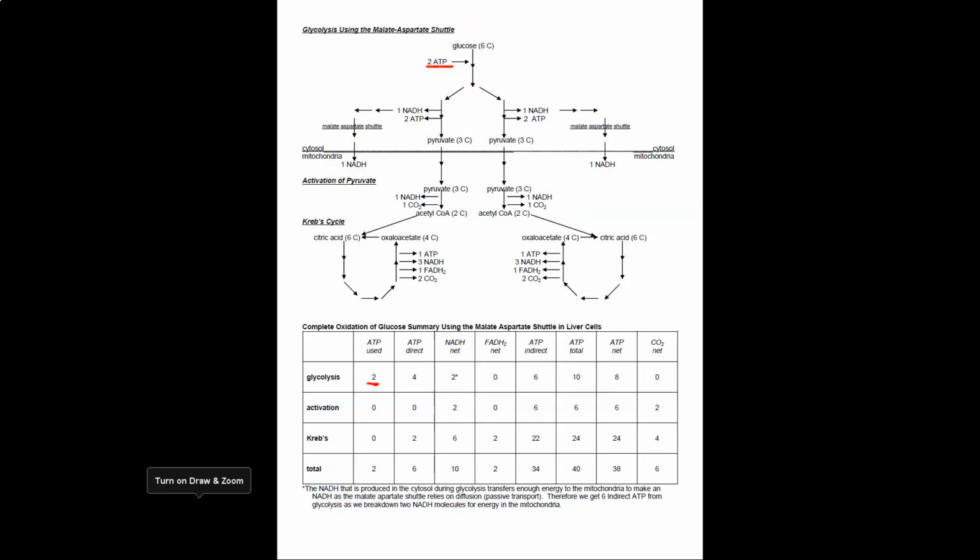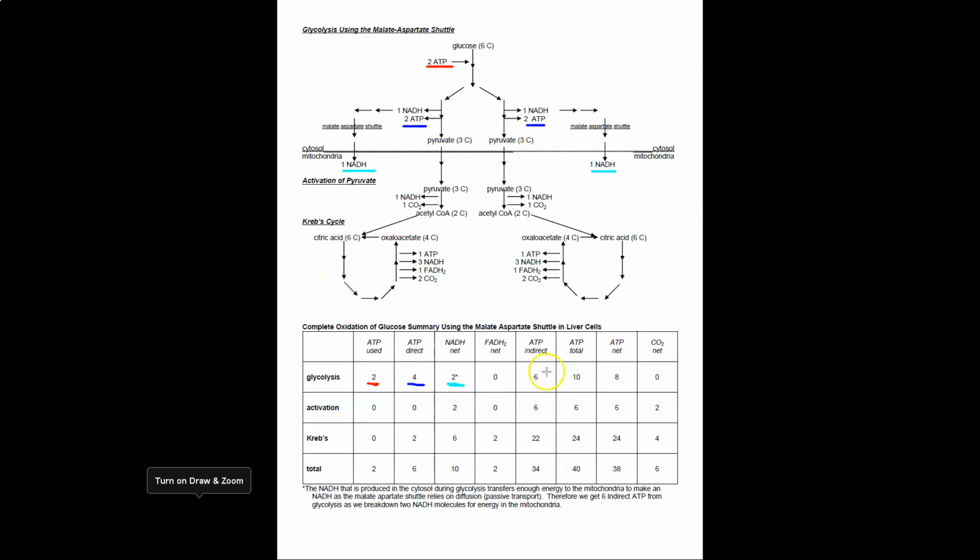So let's go ahead and just make those maybe that blue. So here's my NADH here. Here's my NADH here. So that's my NADH right here in glycolysis, right? So there's my NADHs for glycolysis. My direct ATP is right here. Here's direct for glycolysis. So that's this one.